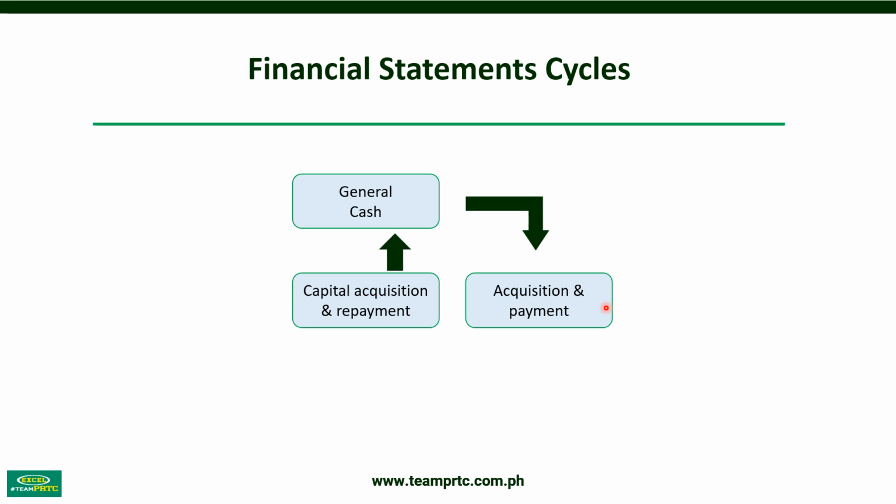So usually that would be the raw materials, the services like indirect labor, and other goods and services such as prepayments, intangible asset, and other assets that the entity may need to produce a product or operate their business. Okay? Now, this acquisition and payment cycle in some references is also called as the purchasing cycle.